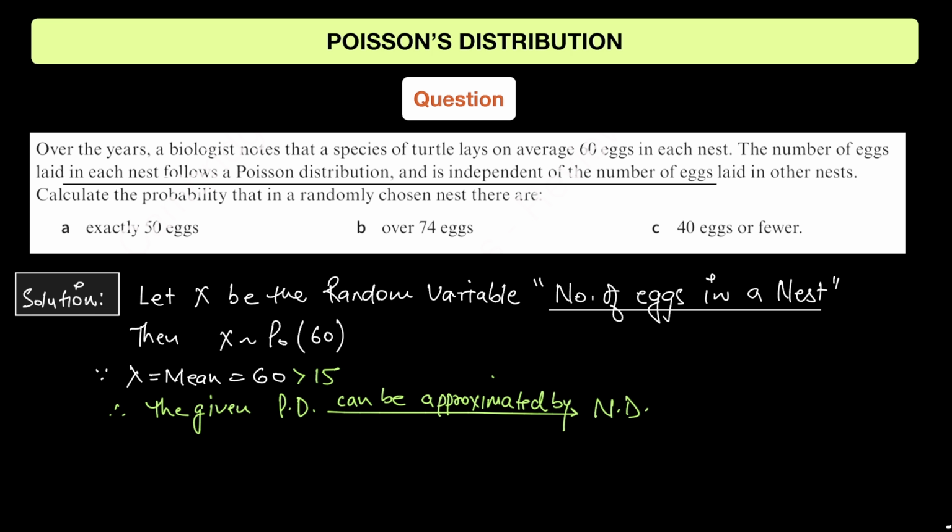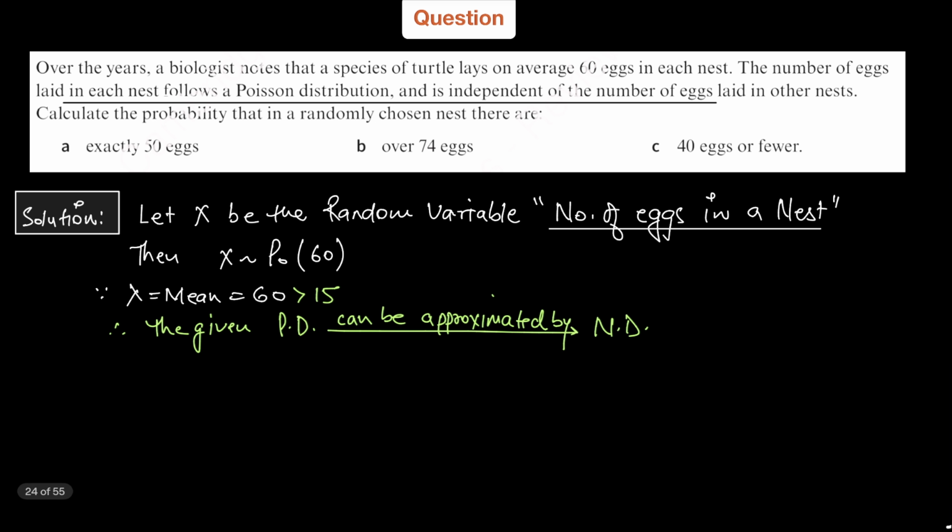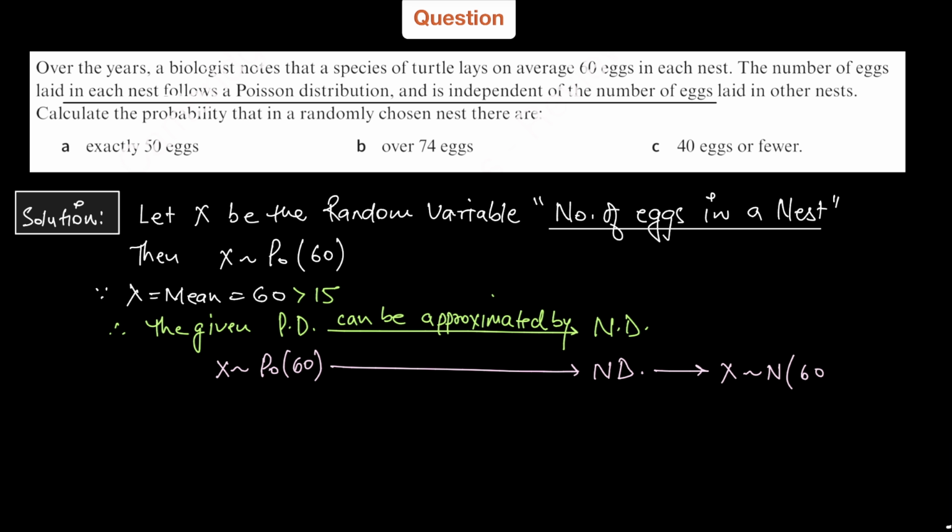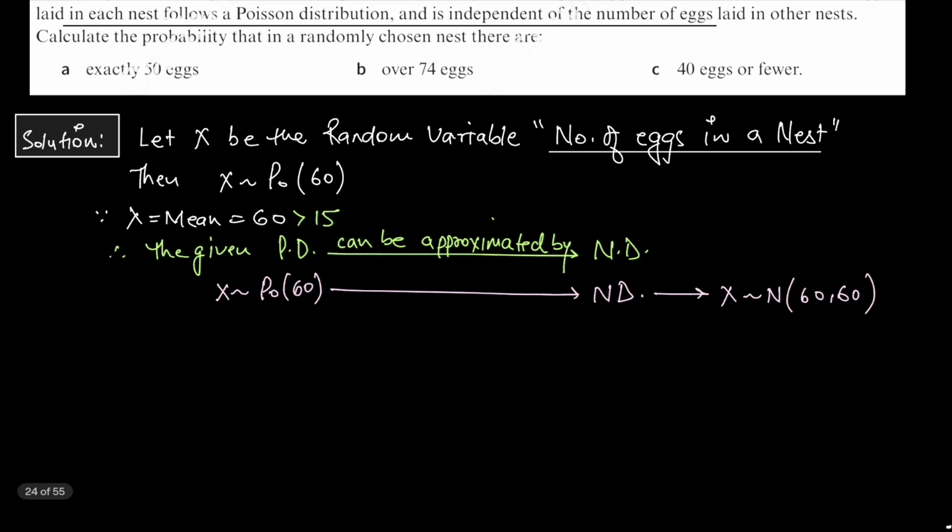So when I solve the given question by normal distribution, we will write x, which was following a Poisson distribution with mean 60. Now it is following a normal distribution, so we will write that x follows a normal distribution with mean 60 and variance 60.